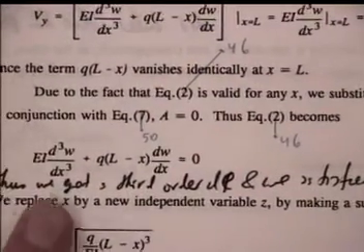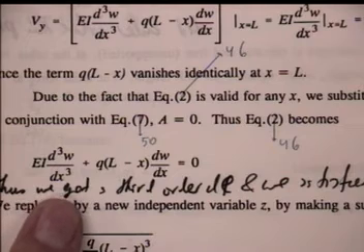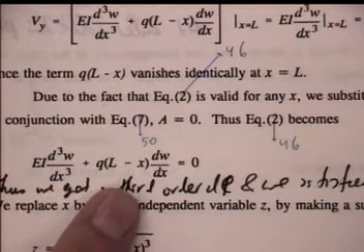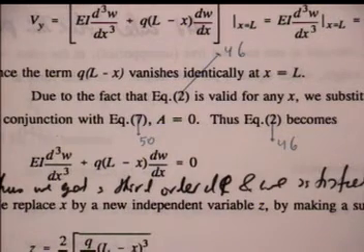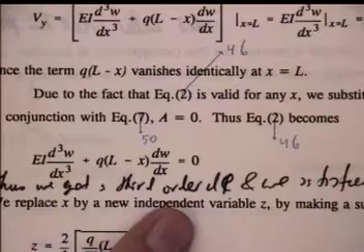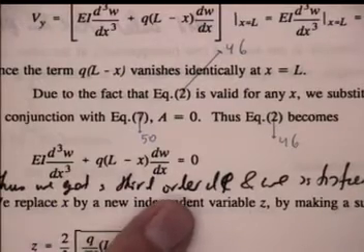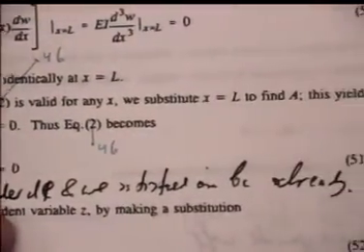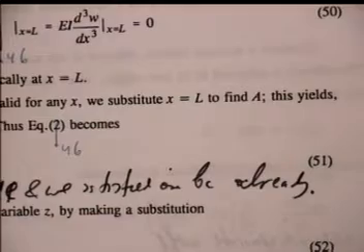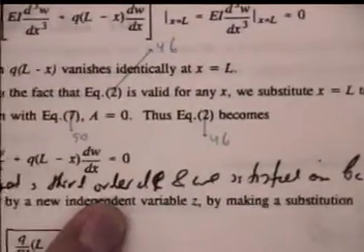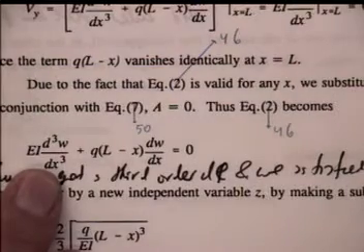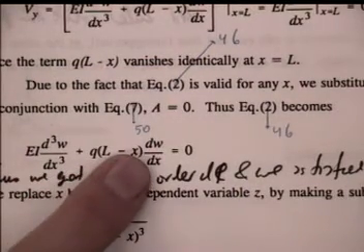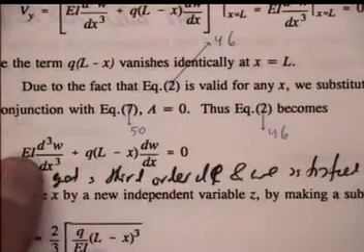So therefore, we get this equation: EI d3w/dx cubed plus q(L minus x) dw/dx equals 0. So we got a third-order differential equation, and we satisfied one boundary condition already. Which boundary condition did we satisfy? That the shearing force equals 0 at L. Okay, because if I substitute here L, naturally this equals 0.